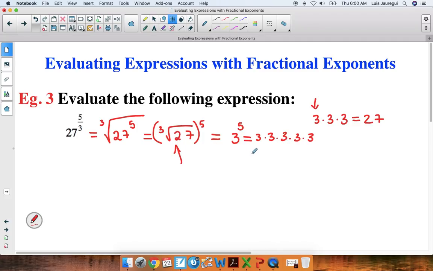This is 3 times 3 is 9, times 3 gives you 27, times 3 gives you 81, times 3 gives you 243. So we can say the following: therefore 27 raised to the 5/3 is simply equal to 243.